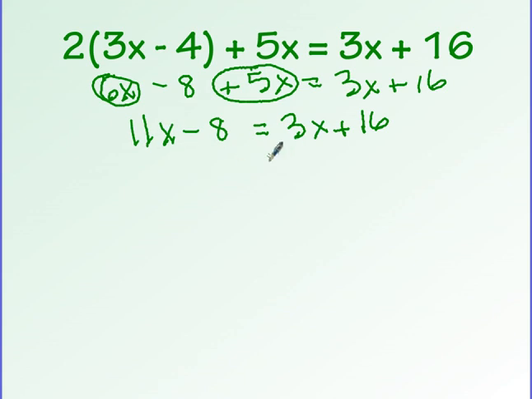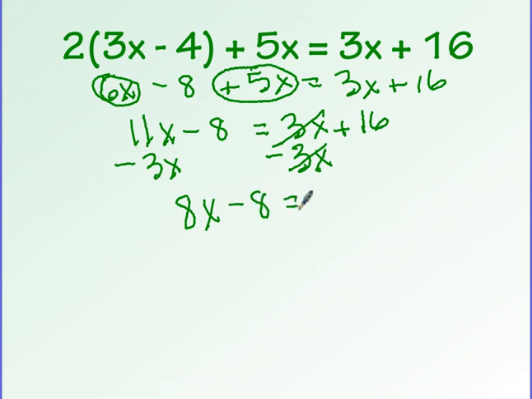And absolutely I do. So I'm going to take away these 3 x's from both sides. These 3 x's are gone now. 11 x's minus 3 of those x's leaves me with 8 x's. I still have a minus 8, still have an equal sign, and I still have a positive 16 on the other side.